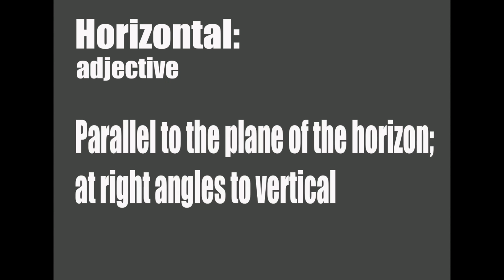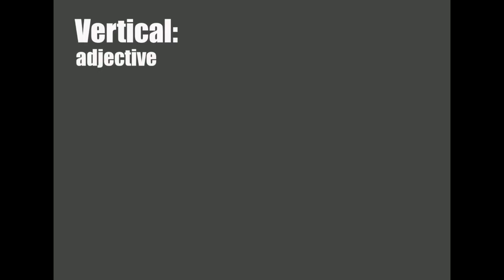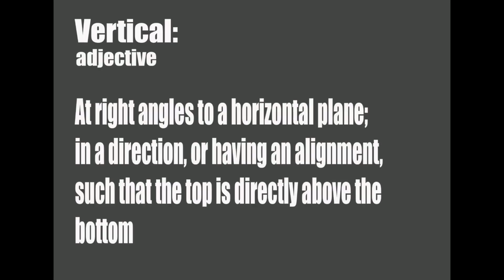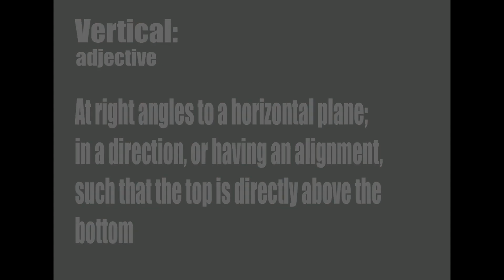Horizontal: parallel to the plane of the horizon, at right angles to the vertical. Vertical: at right angles to a horizontal plane, in a direction or having an alignment such that the top is directly above the bottom.